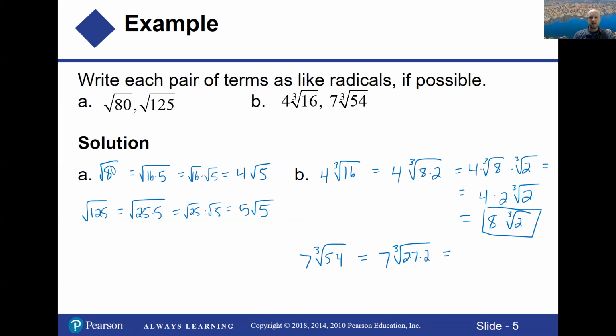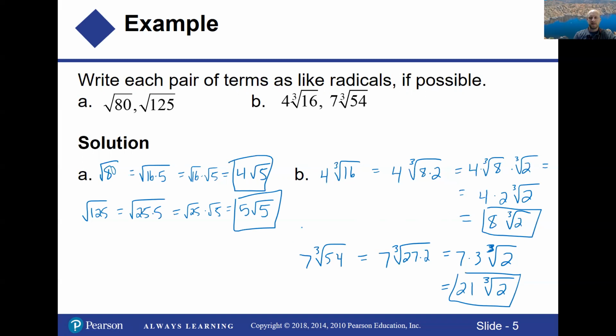I know that the cube root of 27 is 3, so I can pull that 3 out, and then I have a cube root of 2. That's a 3 left over there. So then I have 21 cube root of 2. And those two are the same thing. So I'll just box these other ones as well. These are the same. So I wrote them as like radicals.